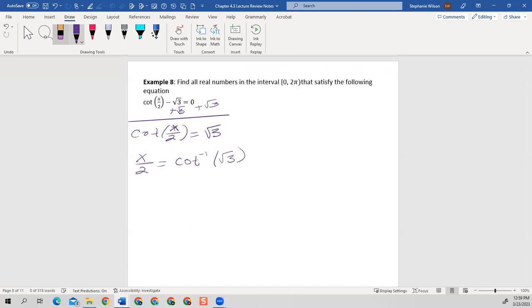Now, again, we know that cotangent is going to be 1 over tangent. So knowing that, I need to figure out when we get a value of square root of 3 as our final answer.